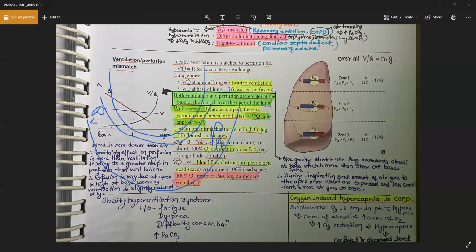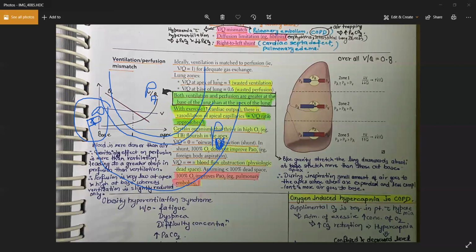For blood to flow from the artery to the vein, the arterial pressure must be higher than the venous pressure. These are the pulmonary arteries and these are the pulmonary veins, right? So for any condition, in order for blood to pass from my arteries to my veins, the arterial pressure must be higher than the PV.